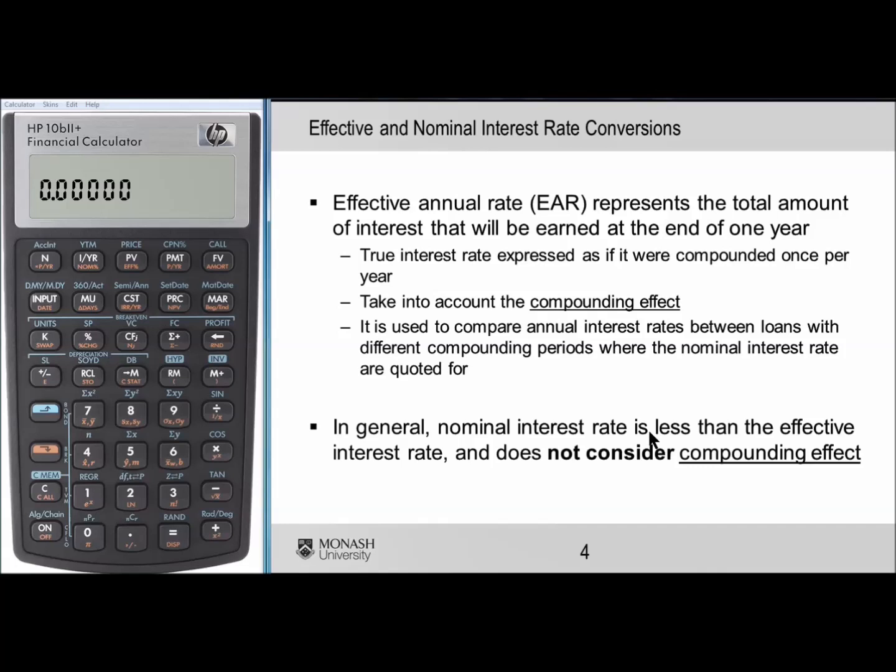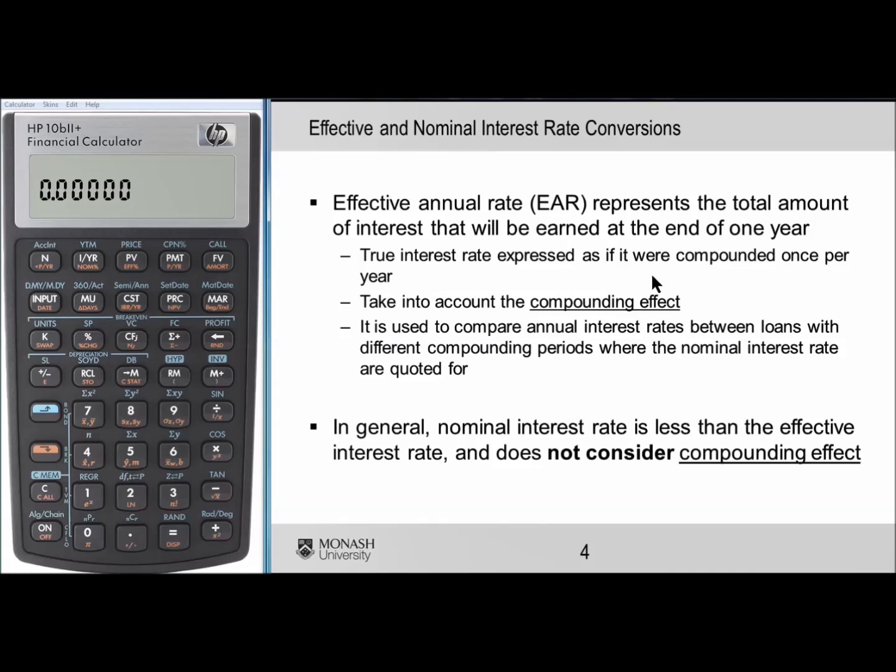One major difference between EAR and nominal interest rate is that nominal interest rate are quoted without consideration of the effect of compounding, that is, interest earned on interest. After considering the effect of compounding, the true interest rate is what we call as EAR.